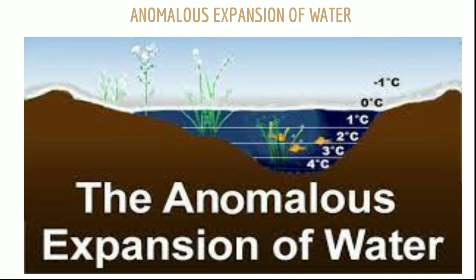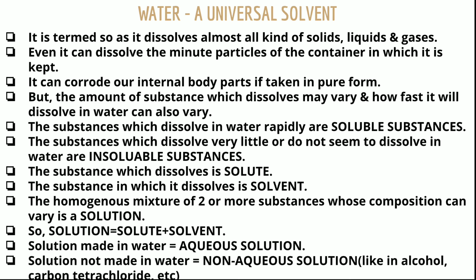Even if the outside atmosphere cools further, the ice layer will rise, but it will not freeze the whole water body. The fish can live inside the water very happily because the temperature below the ice layer will remain normal. So this is the anomalous behavior of water.